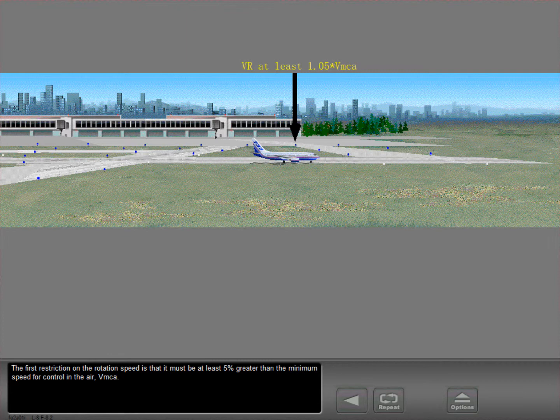Now, let's look more closely at the restrictions on the rotation speed, VR. The first restriction on the rotation speed is that it must be at least 5% greater than the minimum speed for control in the air, VMCA.